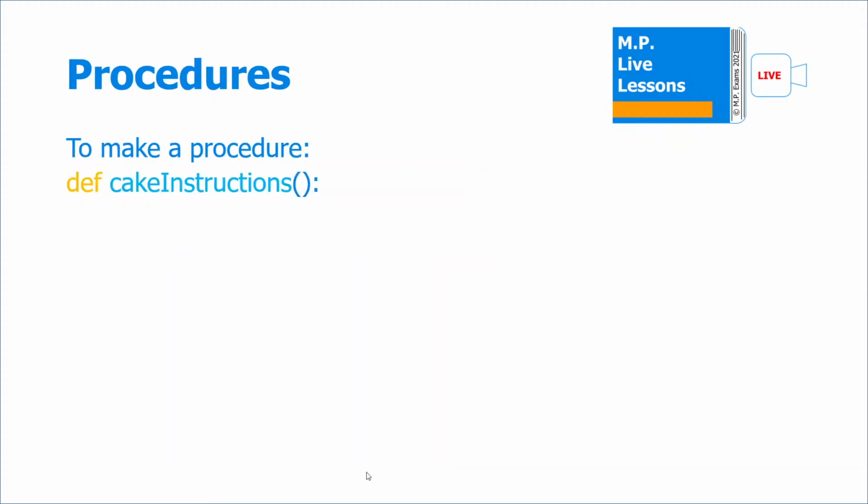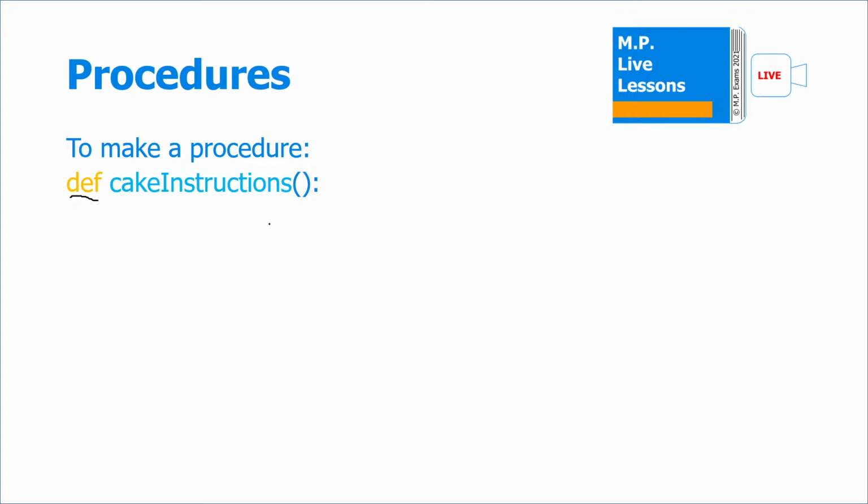An example could be cake instructions. We can't just tell a random Python interpreter just to say cake instructions because it does not know what we mean by that. And we can tell it what we mean by defining what this subroutine is, or procedure perhaps.